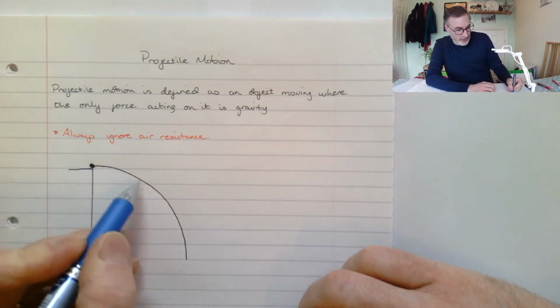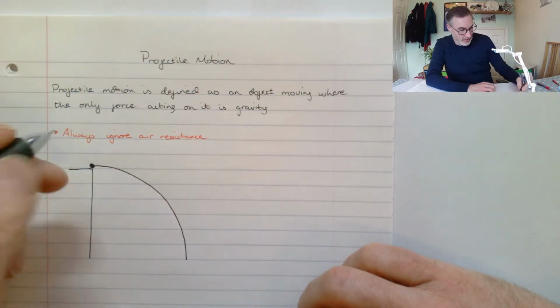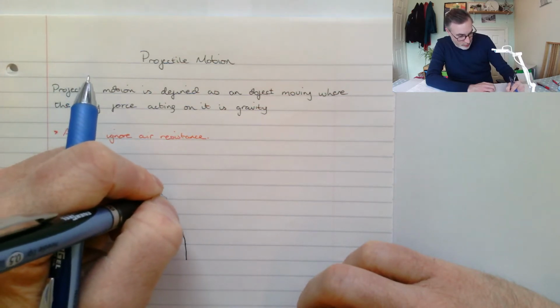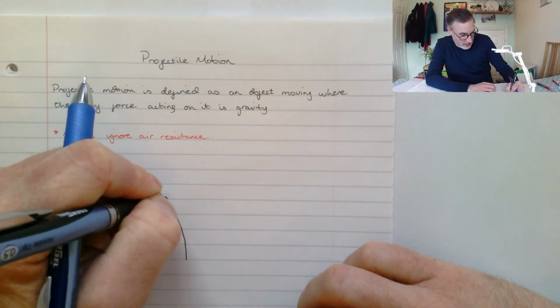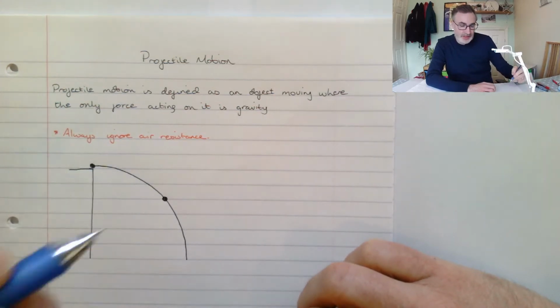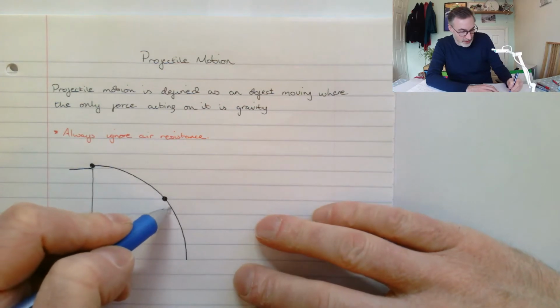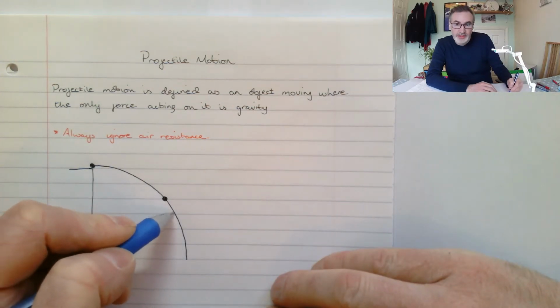So as it's moving through the air, and at any point of its flight, so as the ball, say, once the ball gets to here, if we were to sort of freeze frame this, then its velocity would be somewhere going down here.